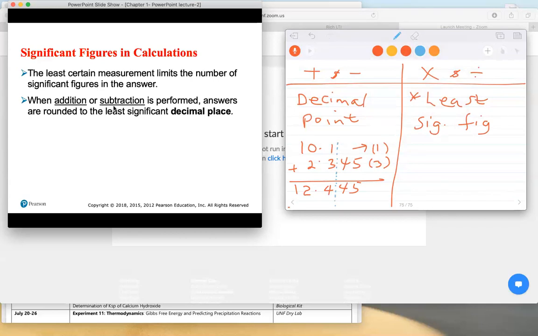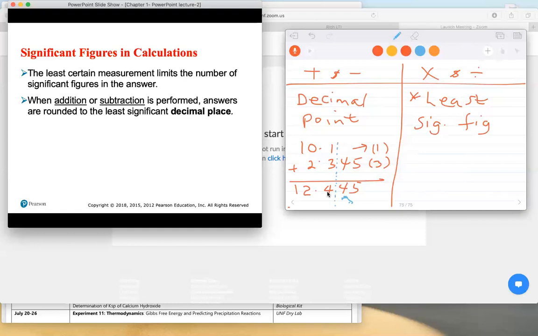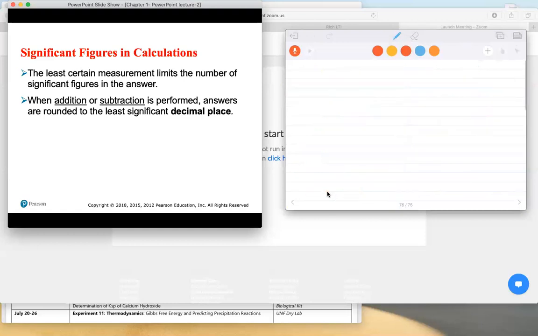You see what is written here is least, and there is the rounding off. I know you covered the concept of rounding off. If it is equal to or greater than 5, you increase this number by 1. So this will be 12.4.